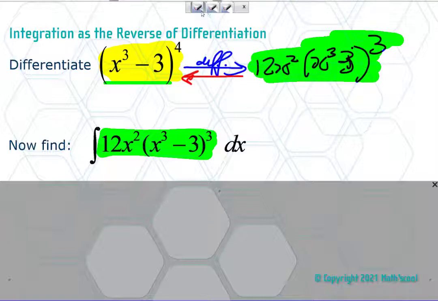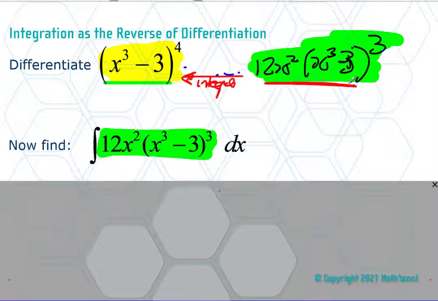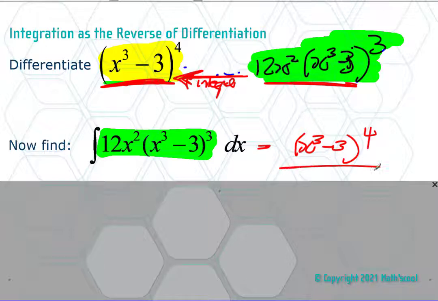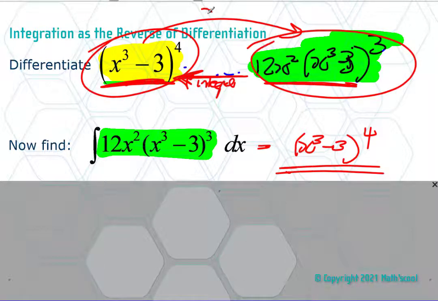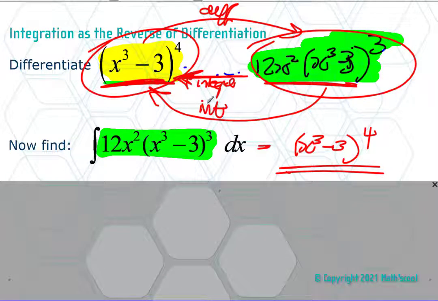And I'm going to say, right, if you start with this and you integrate, go in the opposite direction, you'll get back to this. So the answer is just (x cubed minus 3) to the power 4. And it's just using the property that if you differentiate that, it gives you that. Therefore, if you integrate that, it will take you back to there.